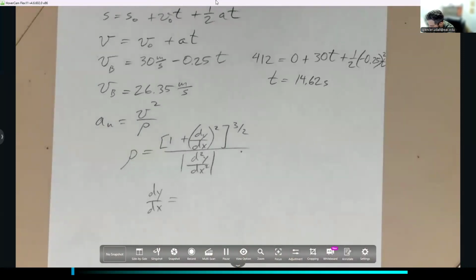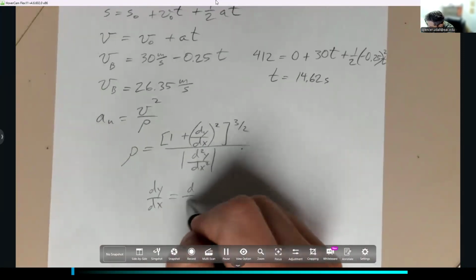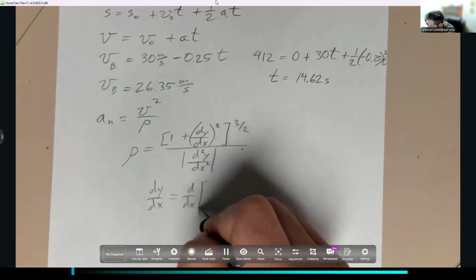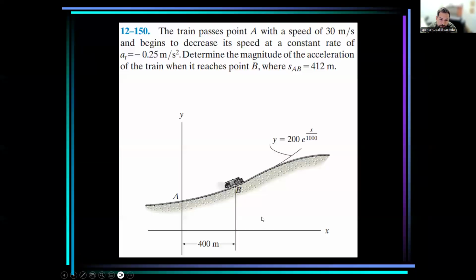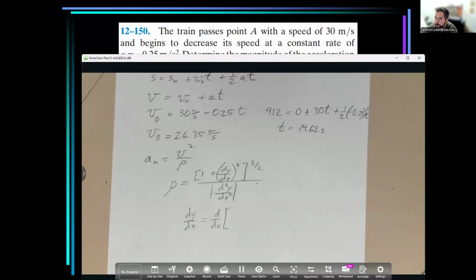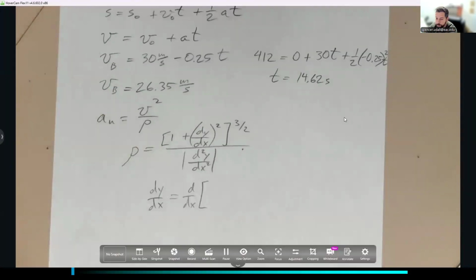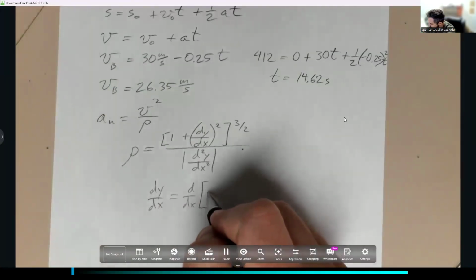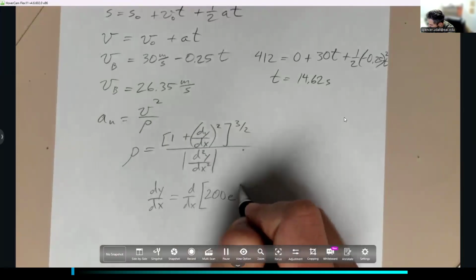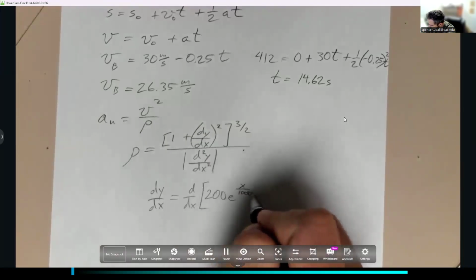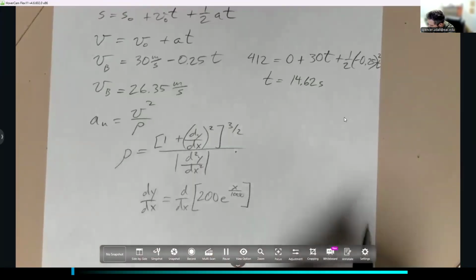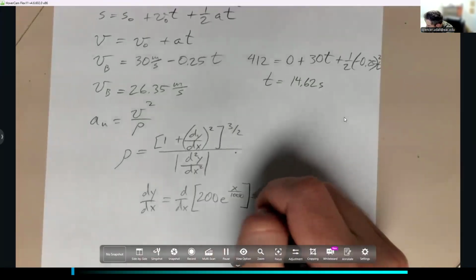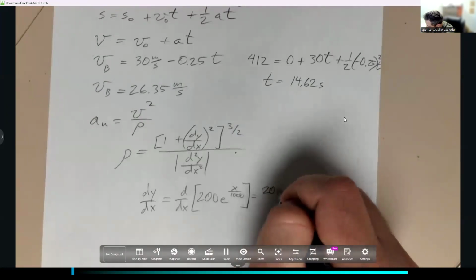dy/dx is going to be d/dx of that function that they gave us for the train, 200e raised to the x over 1,000. Oops, lost our screen there. There we go. So the derivative of 200e to the x over 1,000. Okay, because we've got some chain rule going on in here, I'm going to pull the 200 out.